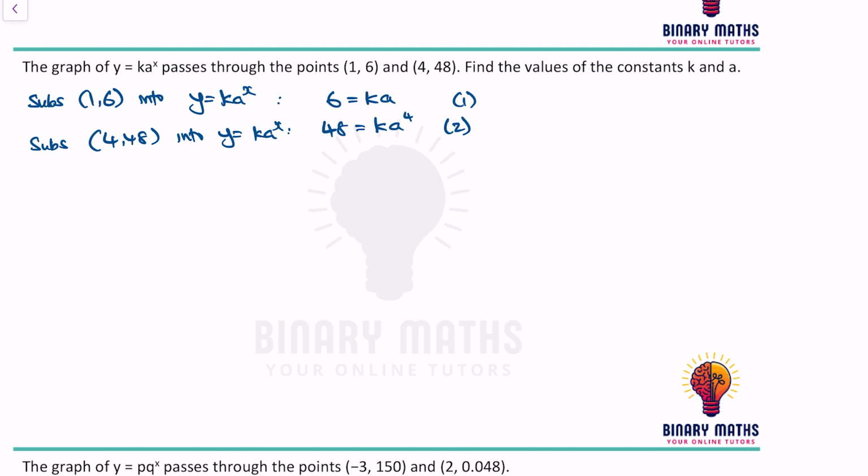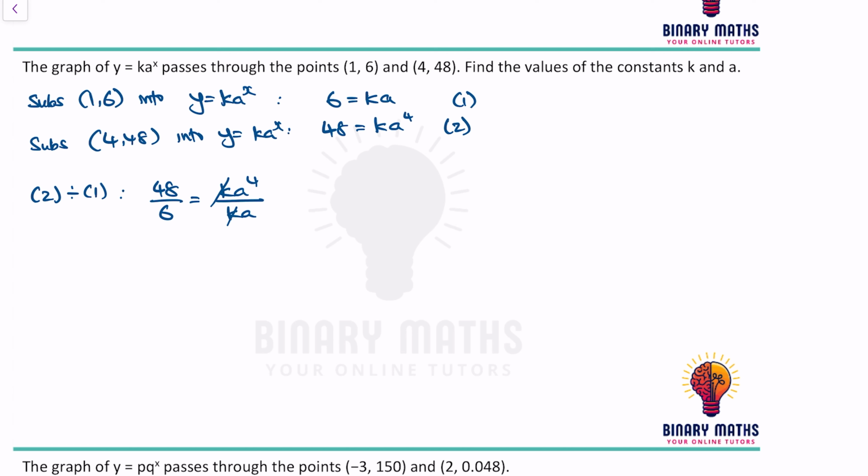Equation 2. What I know is I've got k in both, so I can eliminate k by dividing. So if I do 2 divided by 1, because a to the power of 4 is bigger than a, then I end up getting 48 over 6 is equal to k a to the power of 4 over k a.